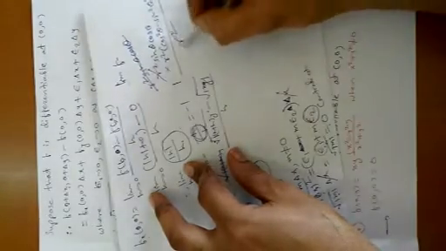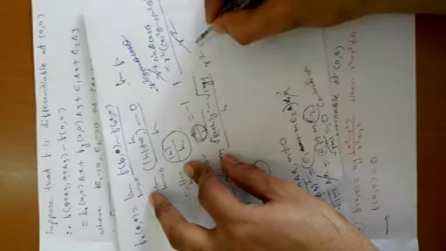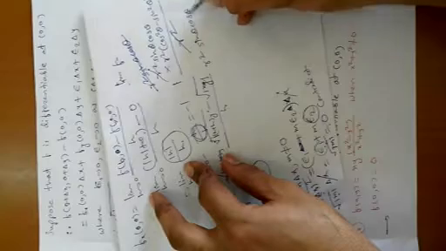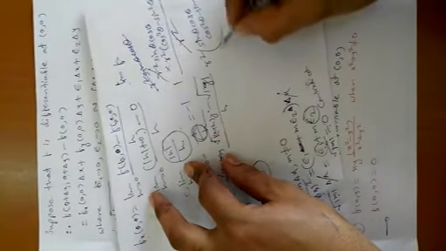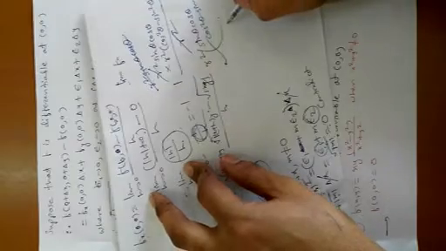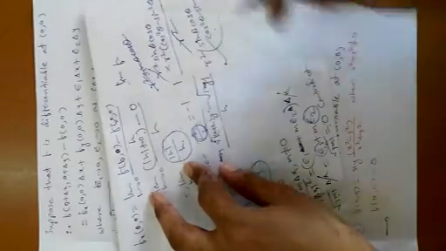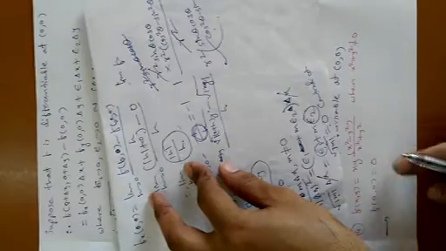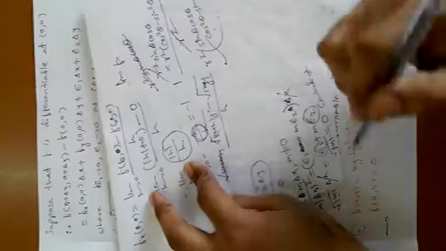One r square will get cancelled, remains r square sine theta cos theta into cos square theta minus sine square theta, and the limit of this will be 0. f of 0 0 is 0, so this f is continuous, so we cannot show f is discontinuous.